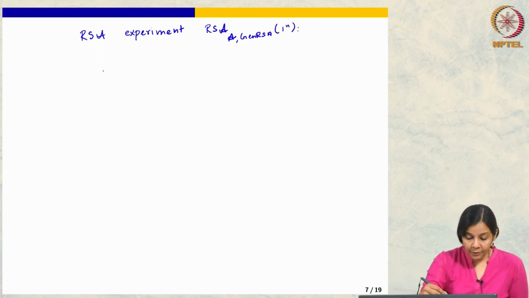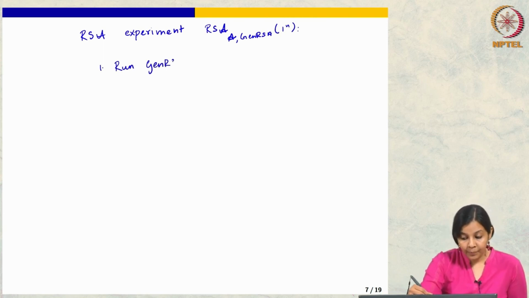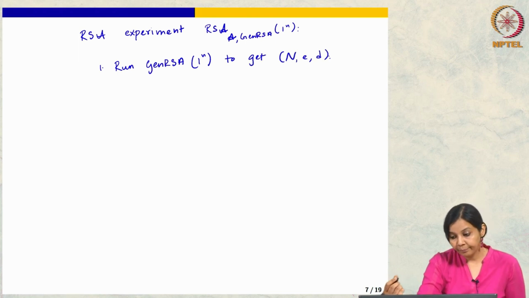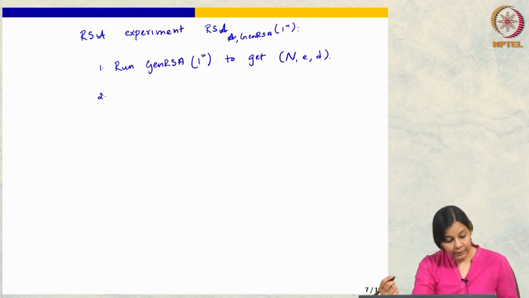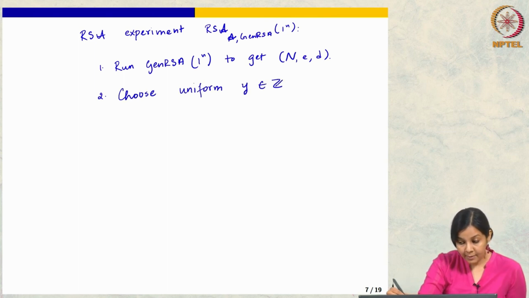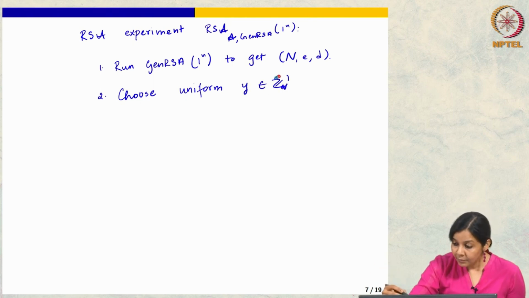Here once again I am going to run gen RSA on 1 to the n to get N, E and D. Now I will choose a uniform Y in Zn star.